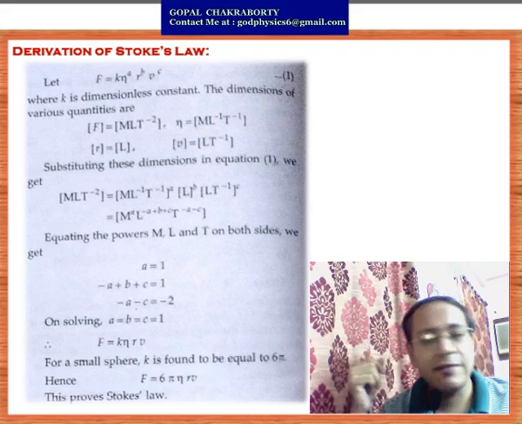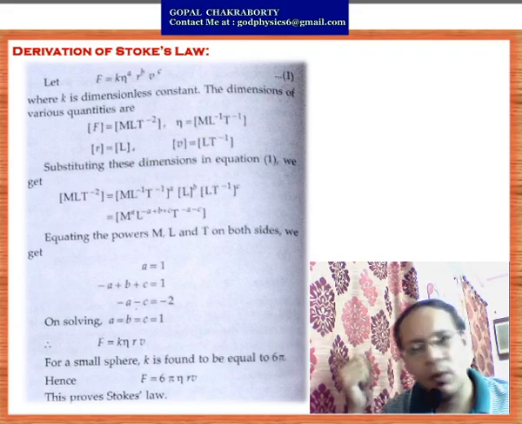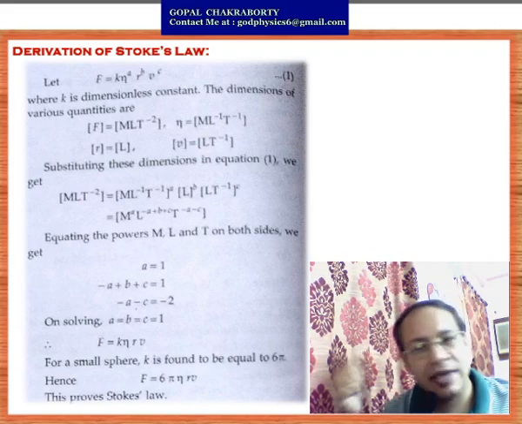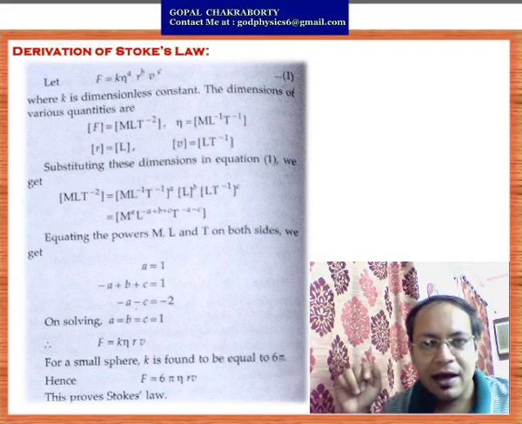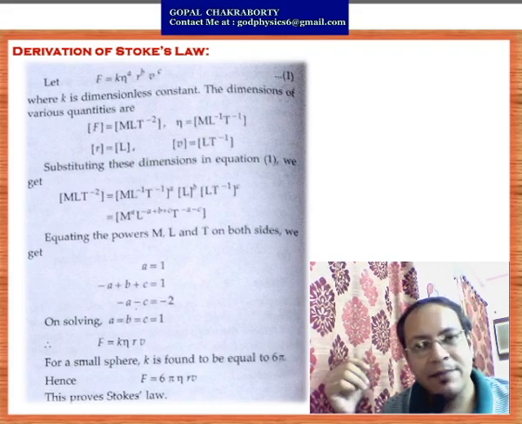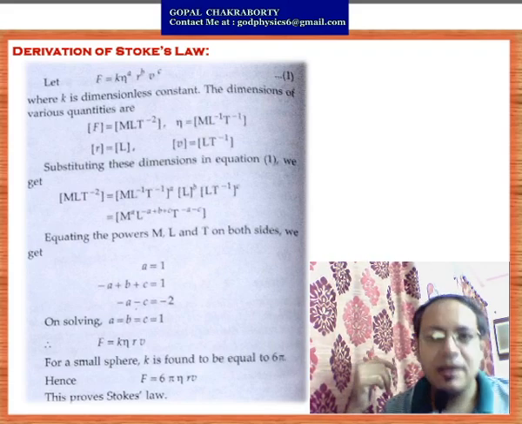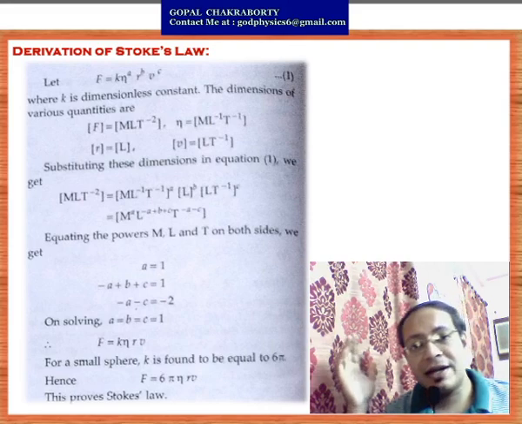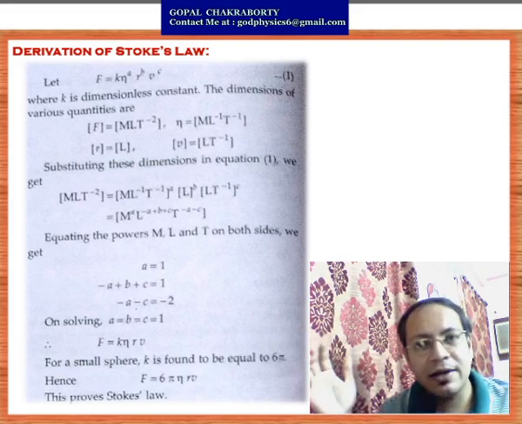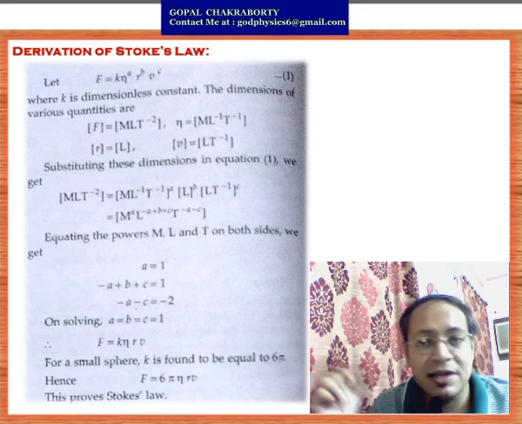In terms of equality, F equals k eta to the power a, r to the power b, v to the power c. Now you substitute the dimension of each quantity, as k is a dimensionless constant.